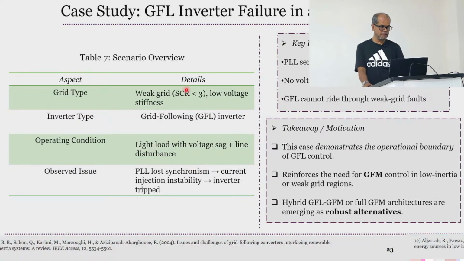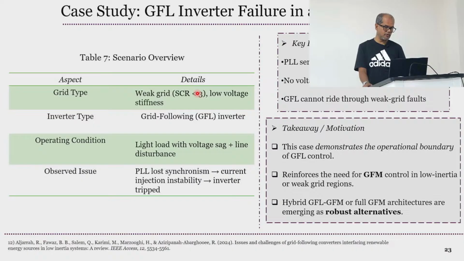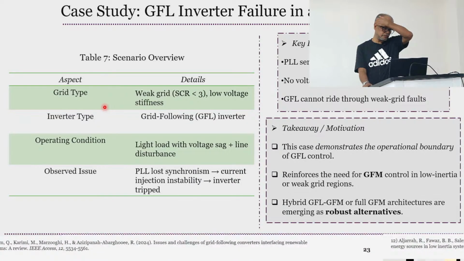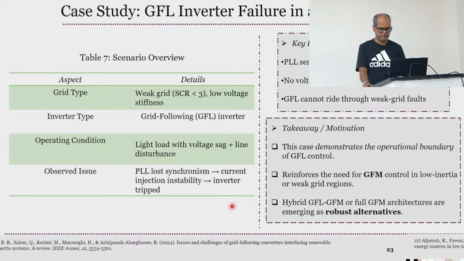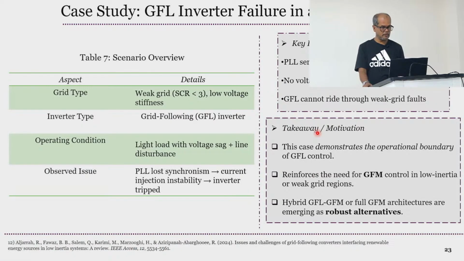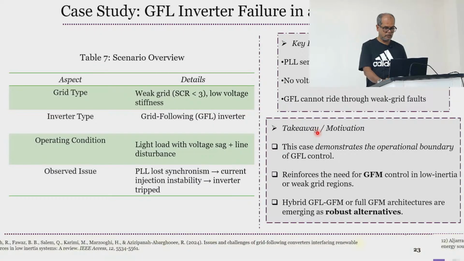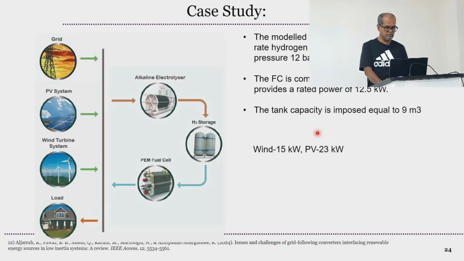I already mentioned, less than 3 is what we normally call a weak grid. So I think we already covered all of them.